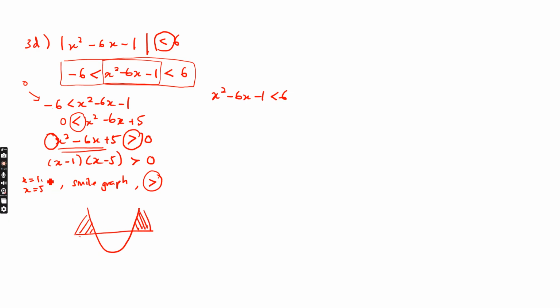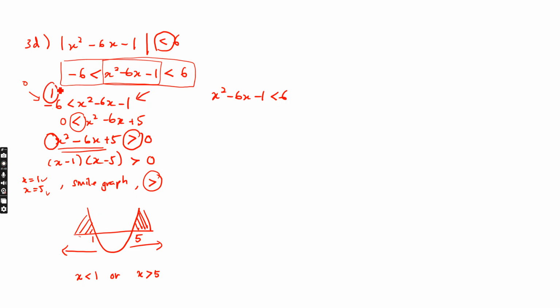We have our roots, 1 and 5, so you put 1 here and 5 here. Currently the shaded part is to the left and to the right. The first one is x less than 1 because it is pointing to the left, and another one is x greater than 5. This is for this part only.